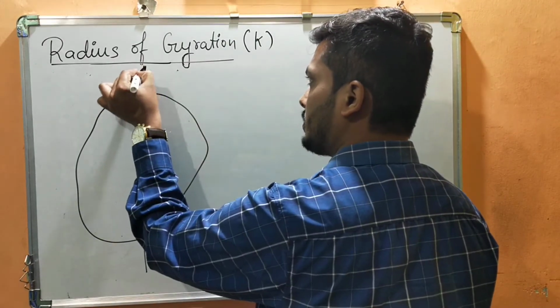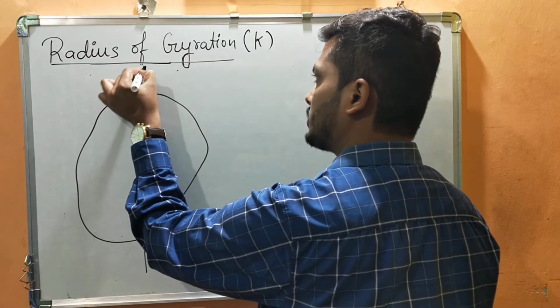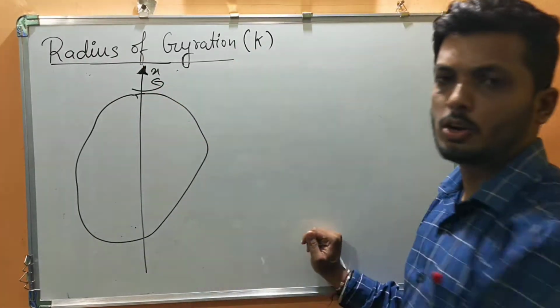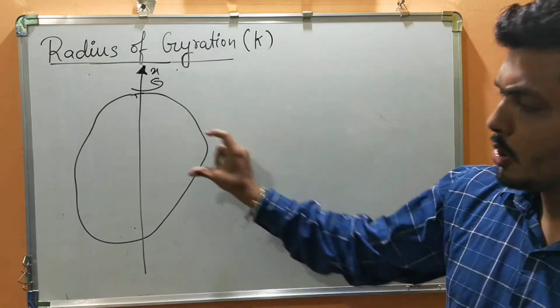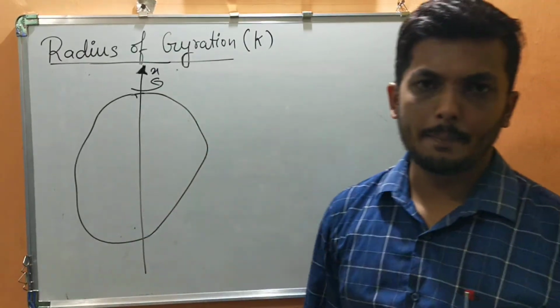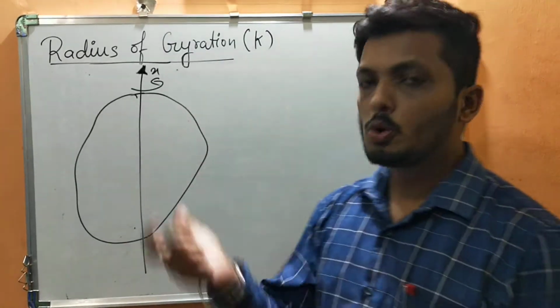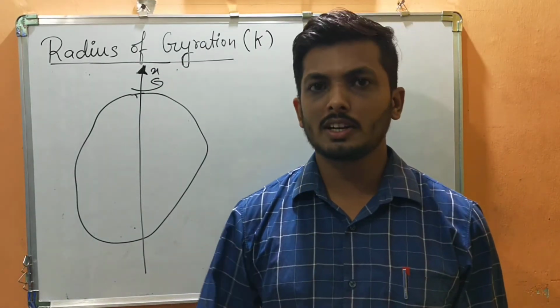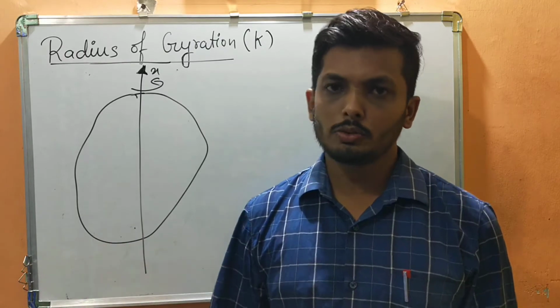So assume this is my fixed axis of rotation, and the body is rotating about this axis anti-clockwise. This random body has mass M, but you know that when a body rotates, its parts will travel with different velocity and different acceleration, and their motion also will be different.